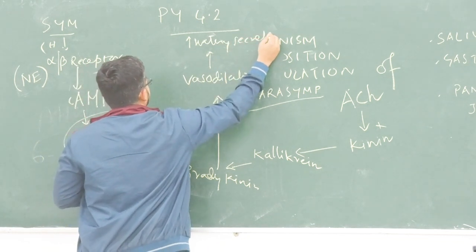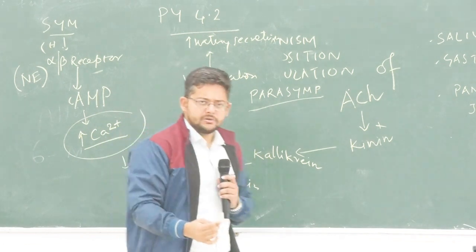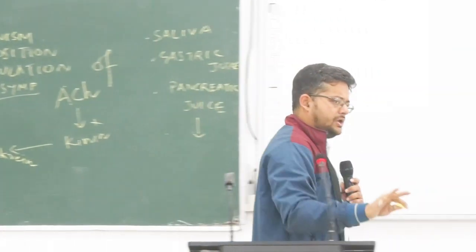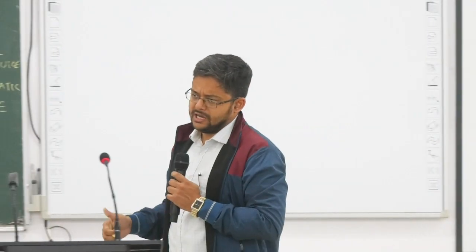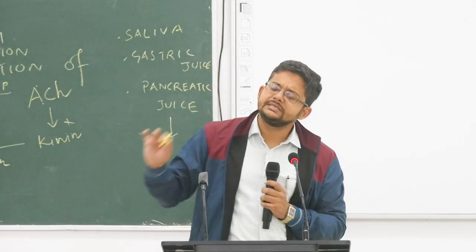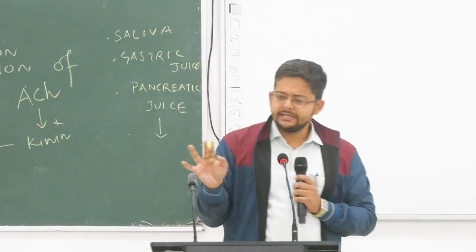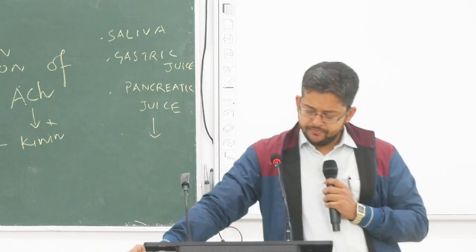That's the whole pathway. The pathway is much deeper, much more detailed, but for you at this point, this outline is sufficient. You will be asked in the exam, what is the neurotransmitter here? ACh, acetylcholine. At least this is expected from you in the exam. So that's the whole pathway you need to remember.